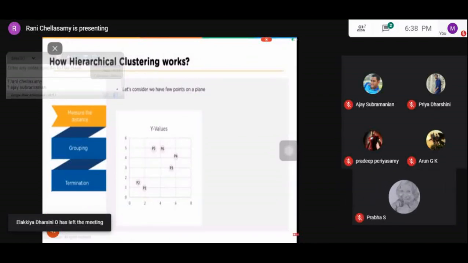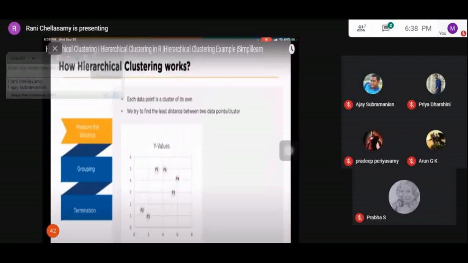Okay, consider we have a few points on the plane. There are 6 data points, P1 to P6. Now consider each data point as a cluster of its own.